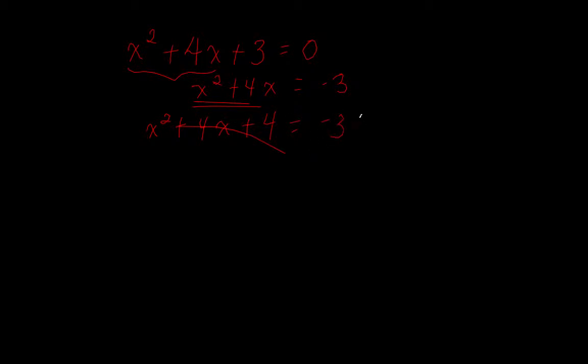So if I'm going to add it to this side, I need to add it to that side. So now this is x plus 2 squared, and this is 1. And now I'm taking the square root on both sides: x plus 2 is plus or minus 1. So either x plus 2 is 1, or x plus 2 is minus 1, and then I subtract the 2.